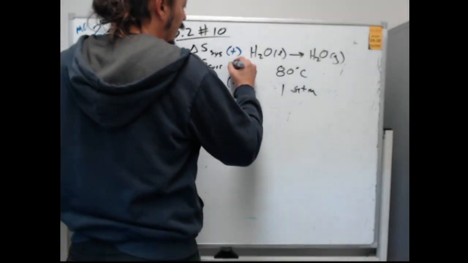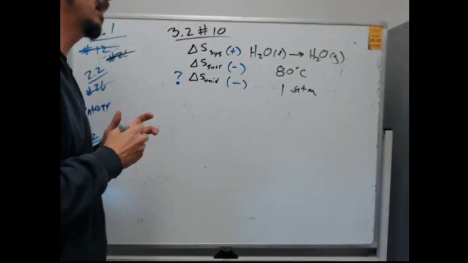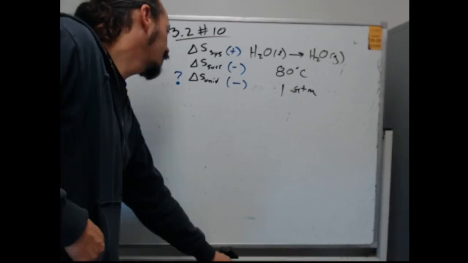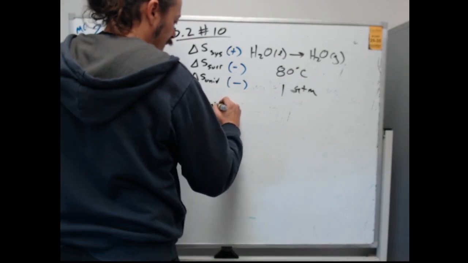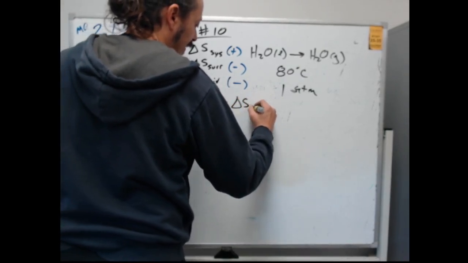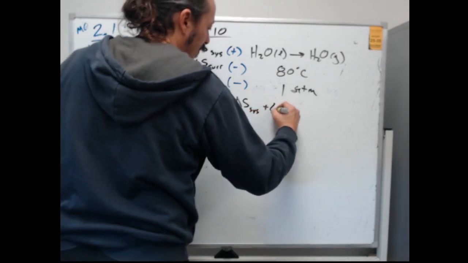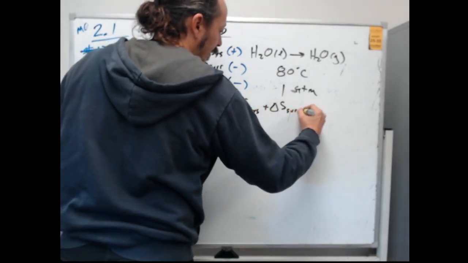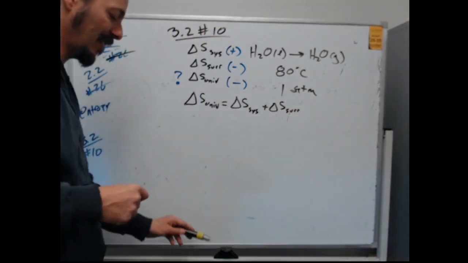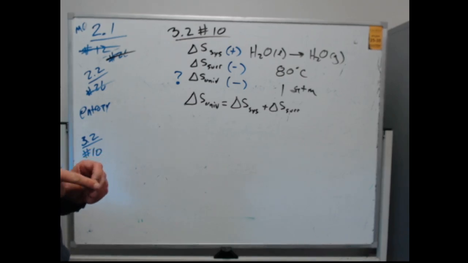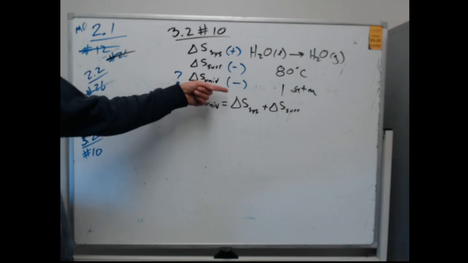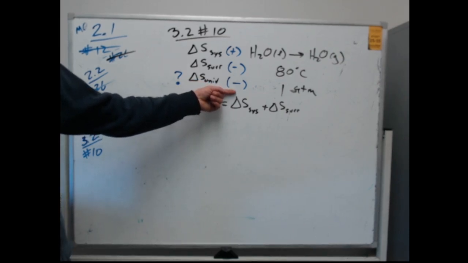Well, that means delta S of the surroundings probably also has to be negative and has to be bigger, because delta S universe is equal to delta S system plus delta S surroundings. I'm trying to do this in the context of the textbook, because I know the textbook has this chart where they talk about the delta S of the universe in the 3 cases: spontaneous, equilibrium, non-spontaneous. And this would be non-spontaneous, essentially doesn't happen.